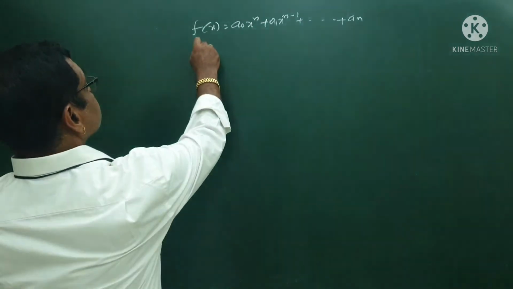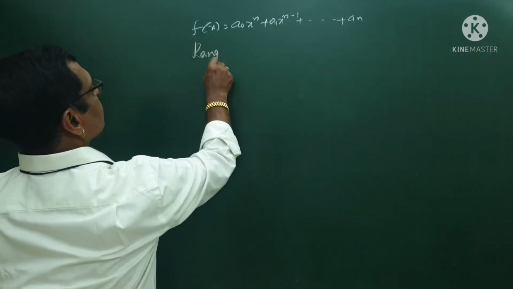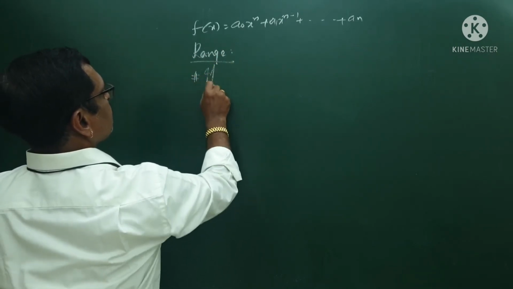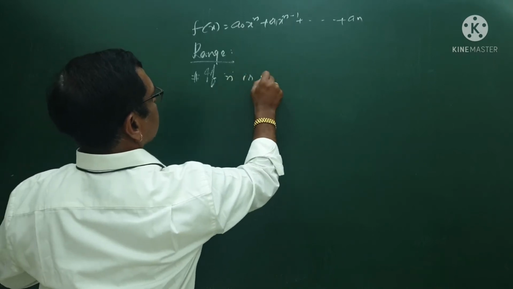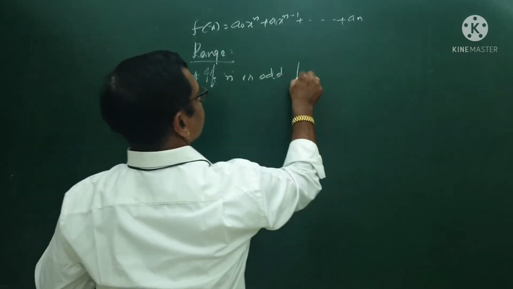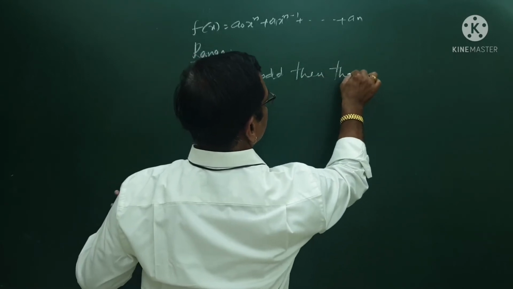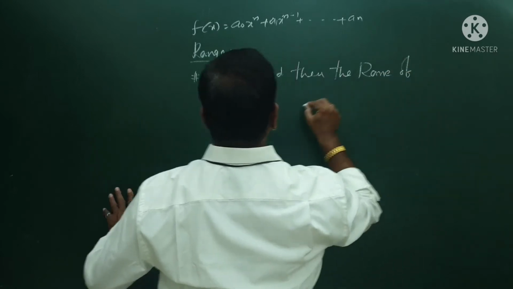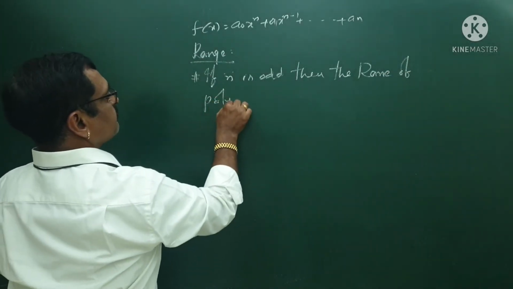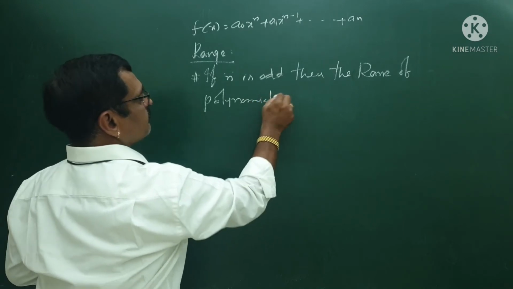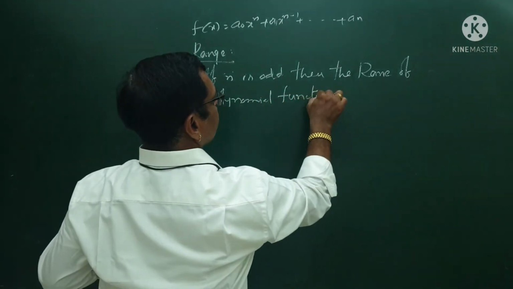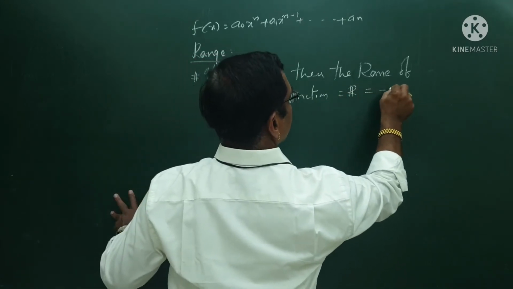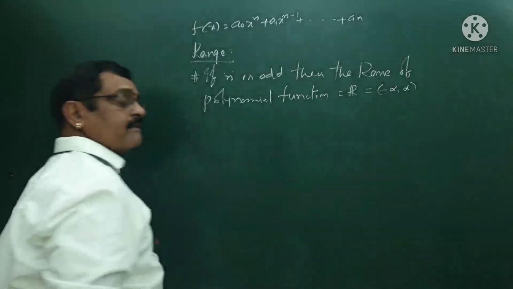So here, if n is odd, then the range of the polynomial function is the real number set, or I can say minus infinity to plus infinity.